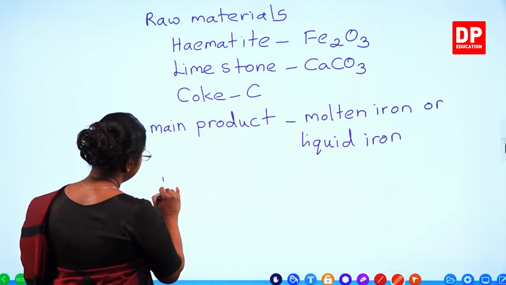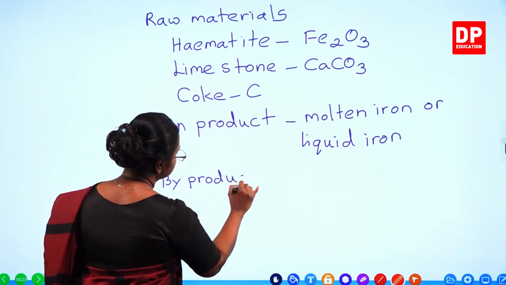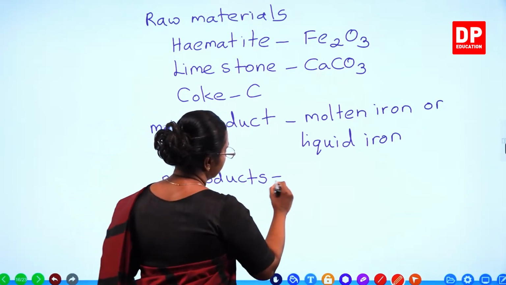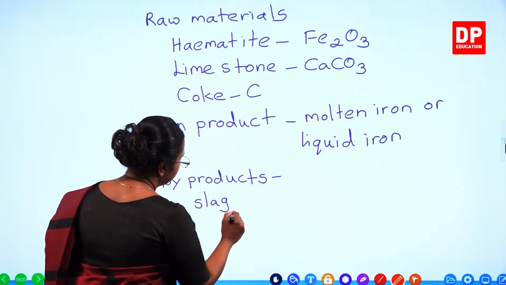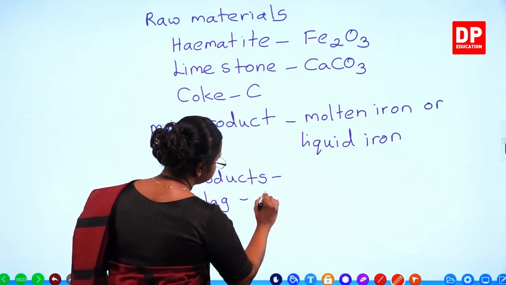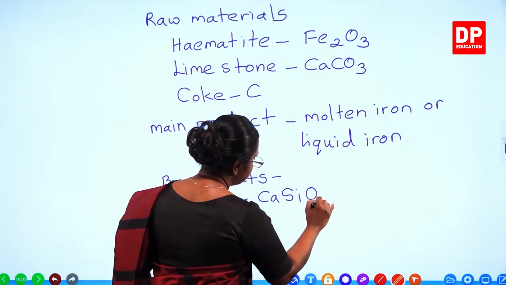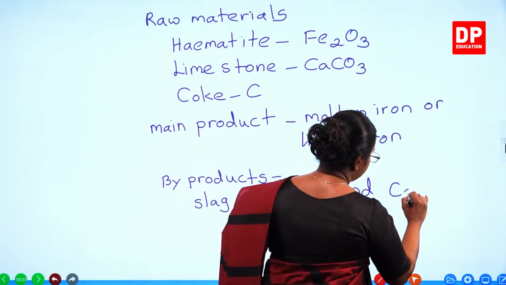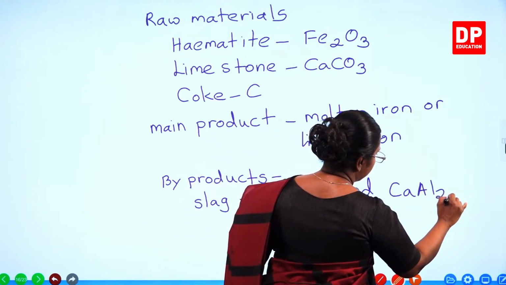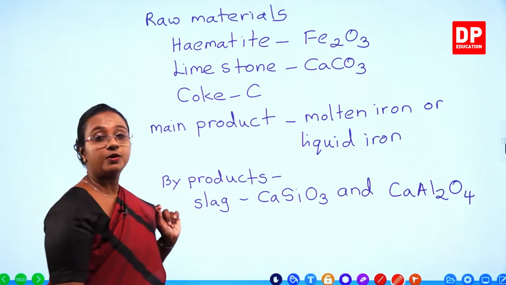Here we can say byproducts. I will write it here. Slag contains calcium silicate and calcium aluminate. Both together is what we call slag.